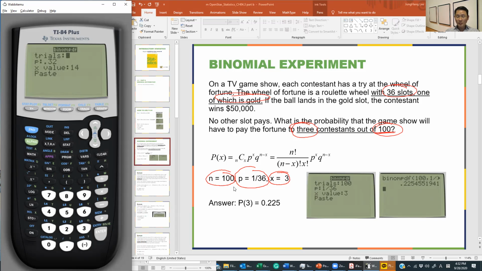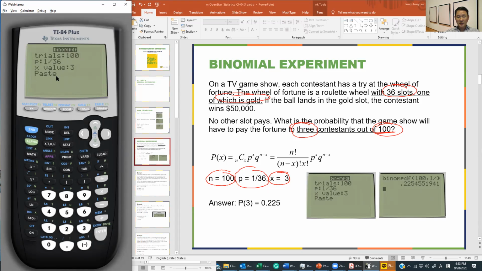Now, the number of trials, the n value, is going to be 100, just like that, and enter. Now, the p: do I need to convert this to a decimal and put it in? No, not really. You can just put it in as a fraction, 1 divided by 36, just like that, and enter. x is supposed to be 3, and enter.